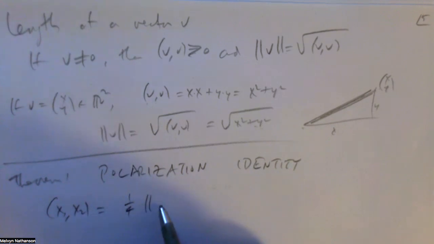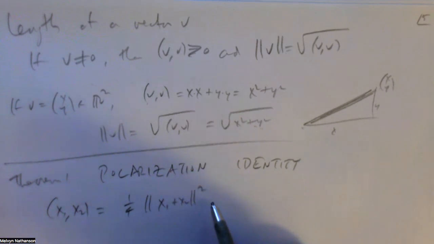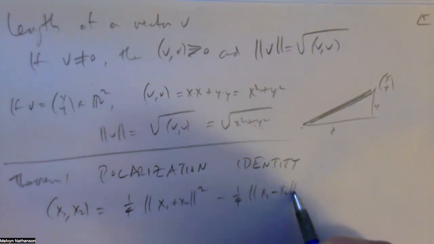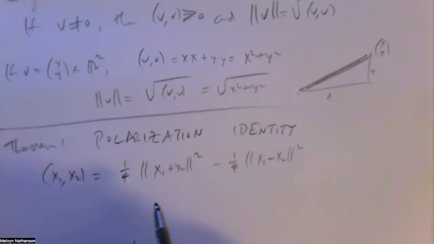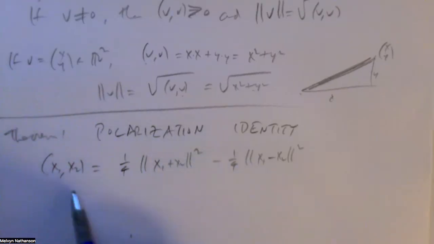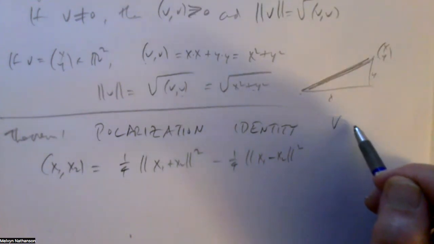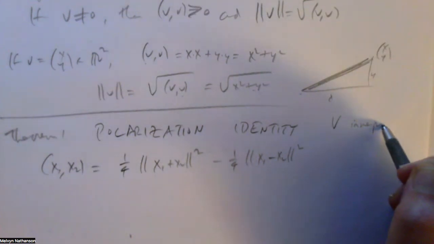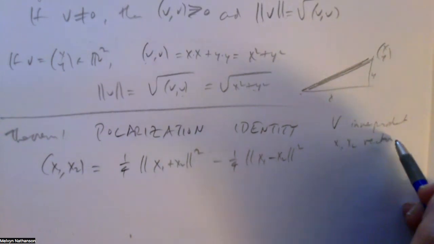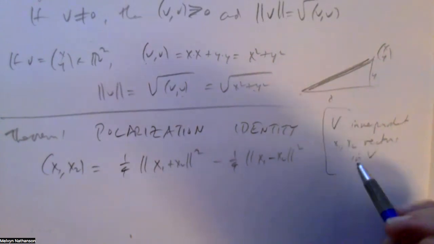It's 1/4 the length of the vector x1 plus x2 squared minus 1/4 the length of the vector x1 minus x2 squared. So inner product determines length, but length also determines inner product. Here we have V an inner product space, and x1, x2 are vectors in V.